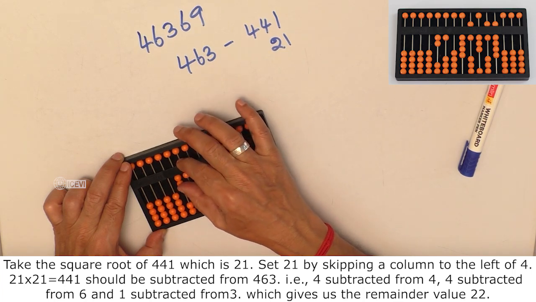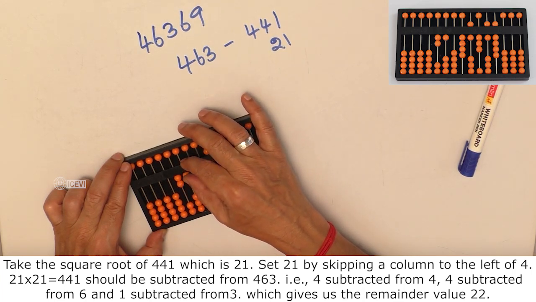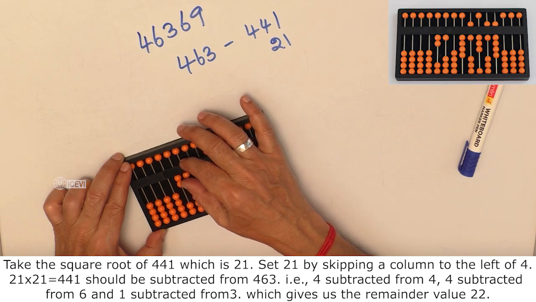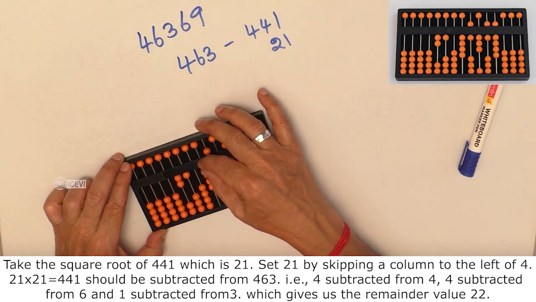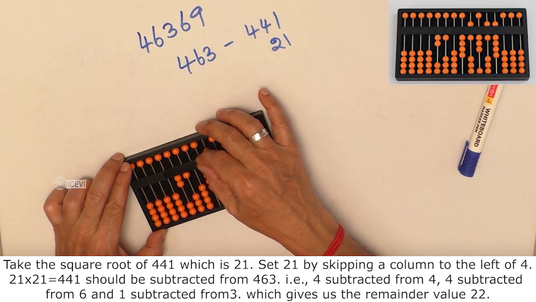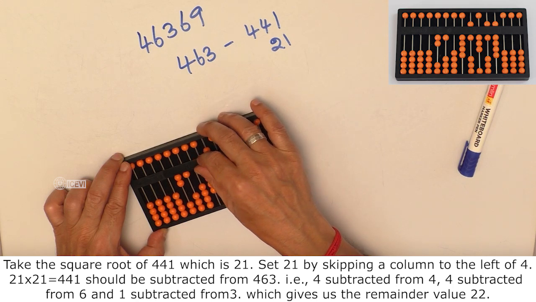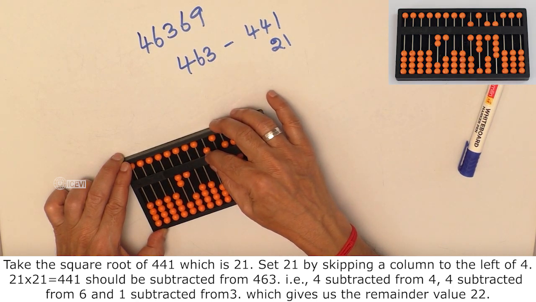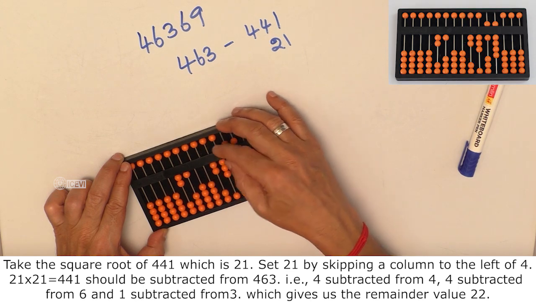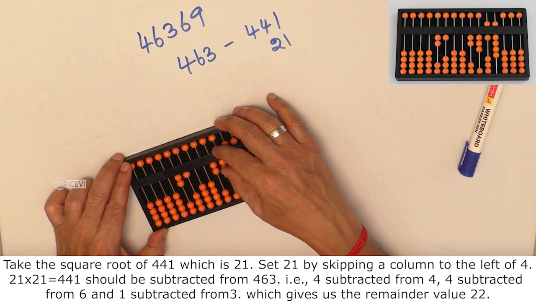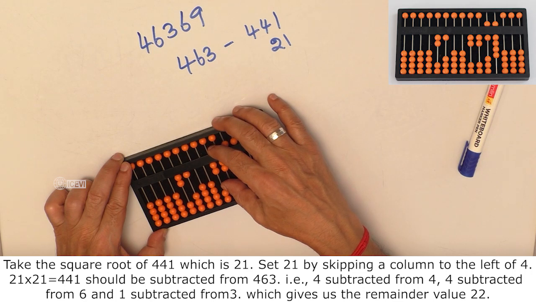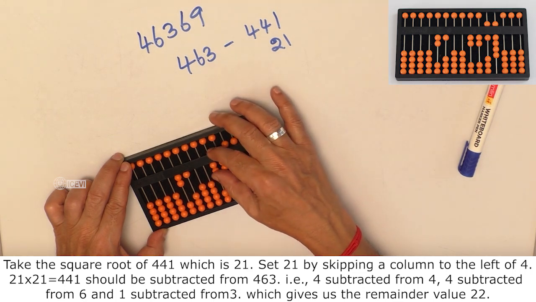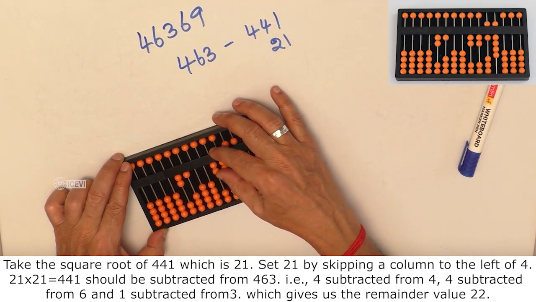Now 21 multiplied by 21 equals 441 should be subtracted from 463. That is 4 subtracted from 4, 4 subtracted from 6, which gives 2, and 1 subtracted from 3, which gives 2, and therefore the remainder value is 22.